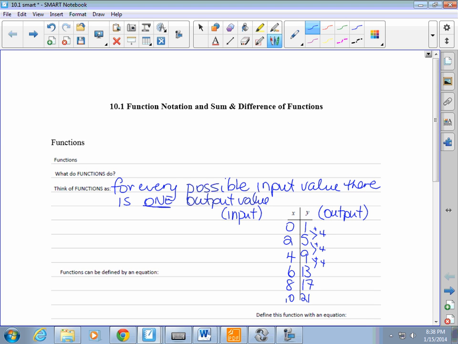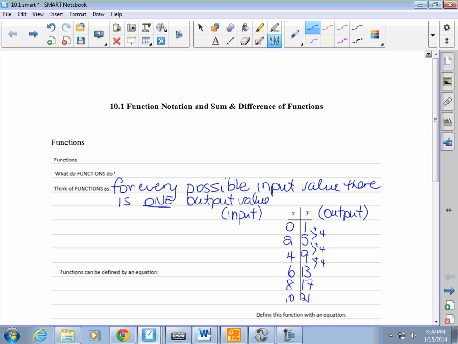If I look at my input value, what I'm saying is, okay, what did I have to do to that in order to increase that output value? So when I started at 0, I had a value of 1. When I input a 2, my value went up to 5, so it was an increase of 4.